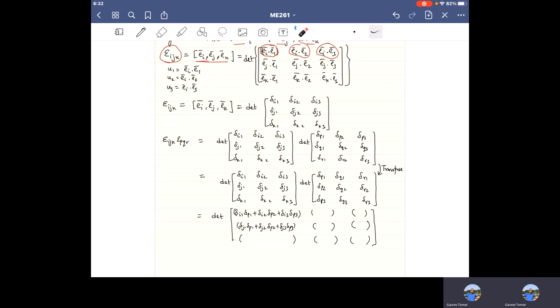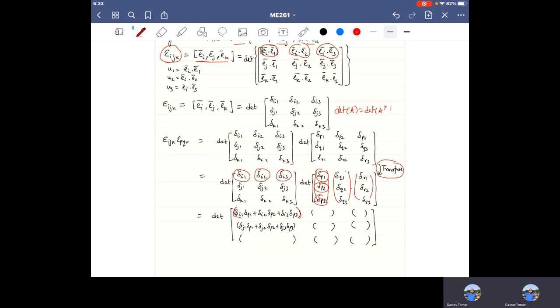Before we do that, just because it will help us in manipulations later, we use the property that the determinant of A is the same as the determinant of A transpose. So we take this transpose and write this as delta P1, delta P2, delta P3, and then we take the product. When we multiply these two, we get delta I1 with delta P1, delta I2 with delta P2, delta I3 with P3, right? And similarly here you will get delta I1 with Q1, I2 with Q2, and so on.